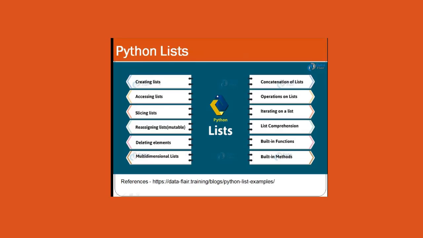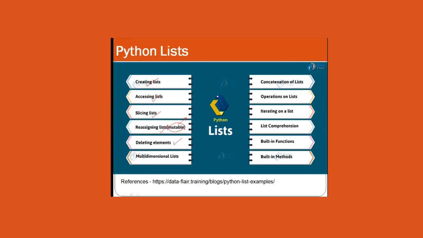You can create a list, fine. So we have creating a list, then how to access the elements of the list, how to slice the list, and how to reassign the elements in the list. It is mutable, you can change the elements, that's why it is mutable.